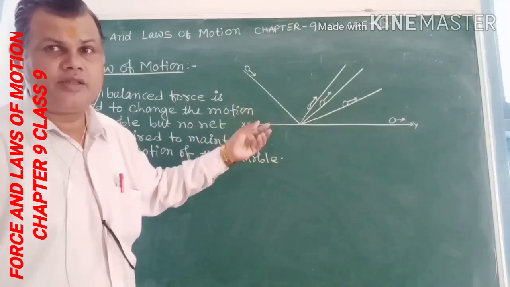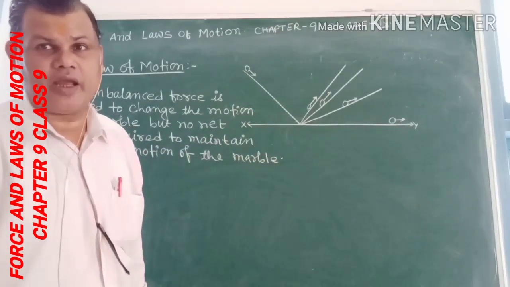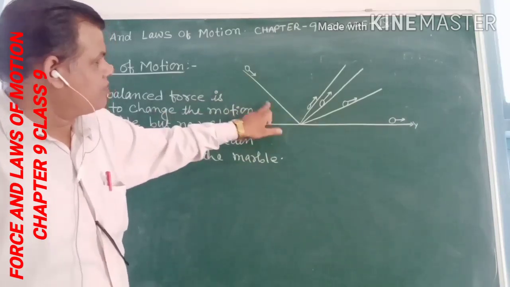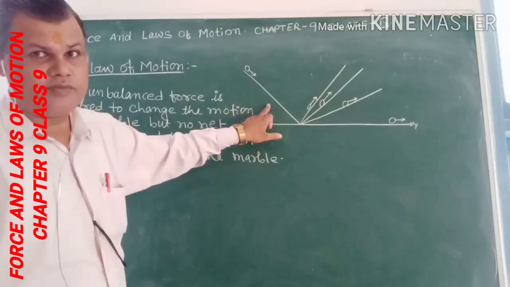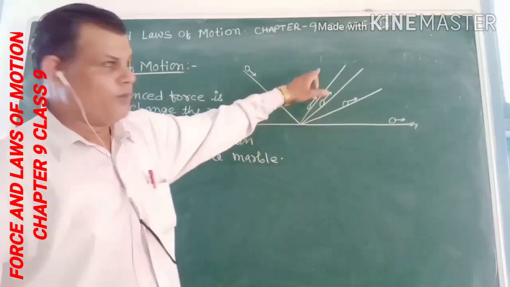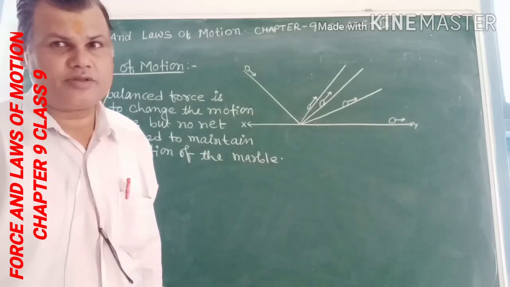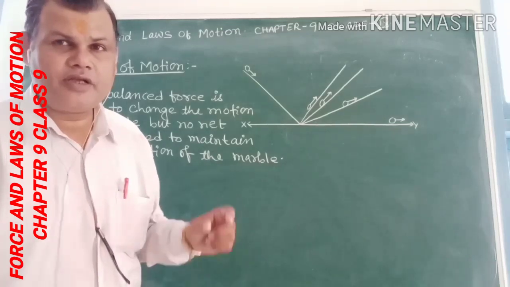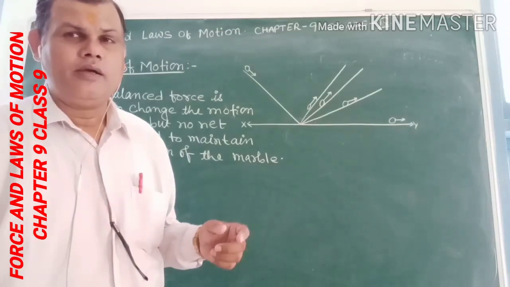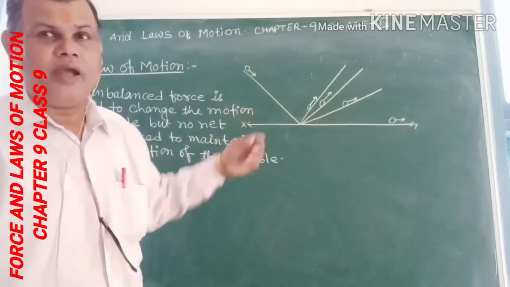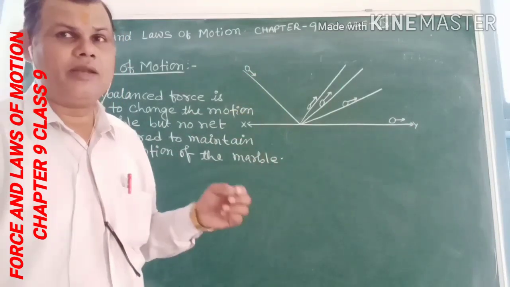Now what is the unbalanced force here? Actually here the force is the force of gravity. For coming down, gravity is in the positive direction, whereas when it goes upwards, gravity is in the negative direction. This gravitational force is applied on the marble, and so it is an unbalanced force.